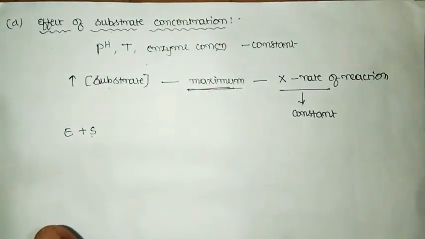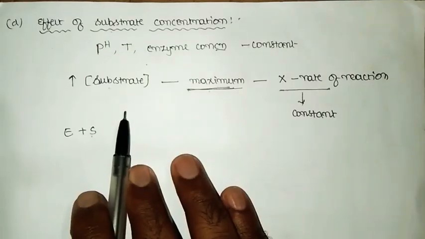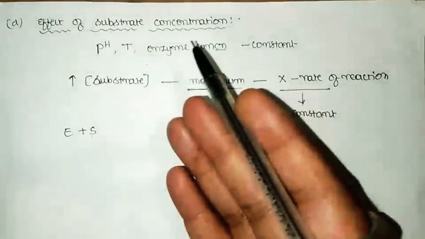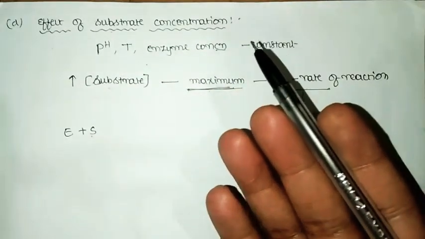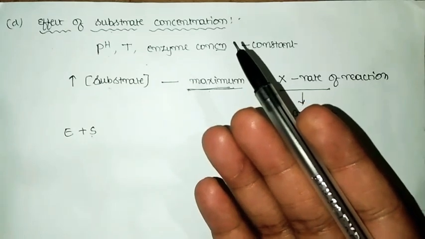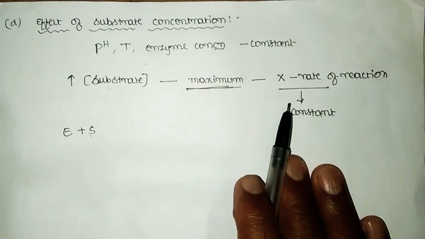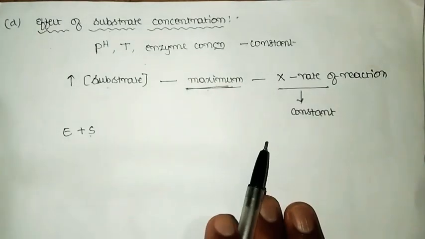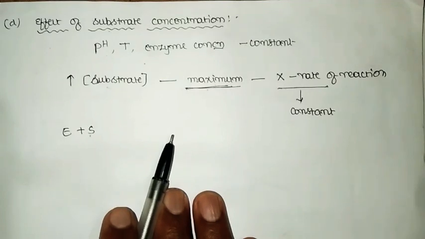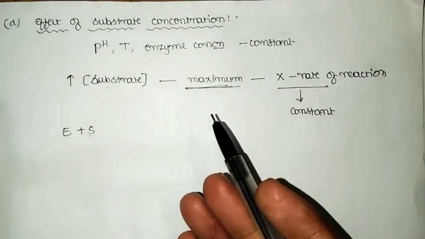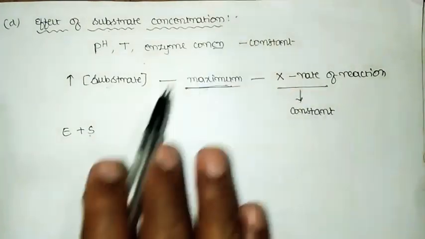Therefore, even though you are increasing the concentration of the substrate molecule, if there are no available active sites for its accommodation, then there will be no use of increasing the concentration of substrate. Once all the active sites of the available enzyme are completely filled with the substrate molecule, even though we increase the concentration of substrate, since there is no available enzyme, there will be no change in the rate of reaction.